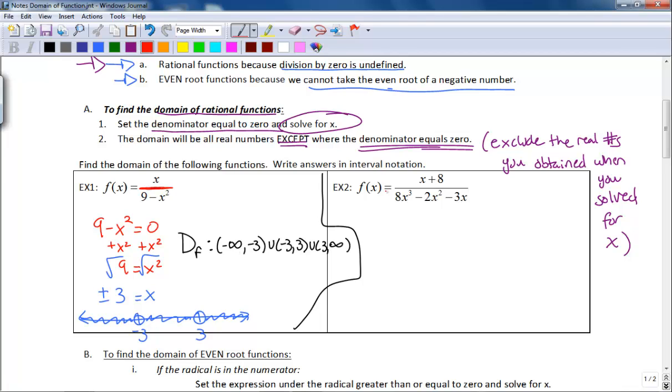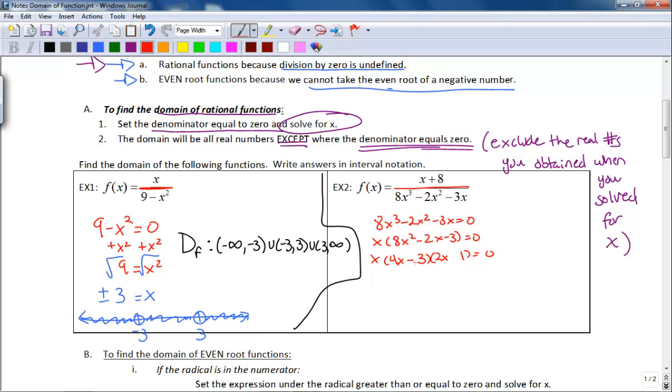Again, it's a rational function because it's got a fractional bar there, so you set that denominator, which is 8x cubed minus 2x squared minus 3x, equal to 0, and you solve for x. Well, I can factor out an x, and I'm left with 8x squared minus 2x minus 3. I can factor 8x squared minus 2x minus 3. Let's see, that's going to be 4x and 2x and 3 and 1.